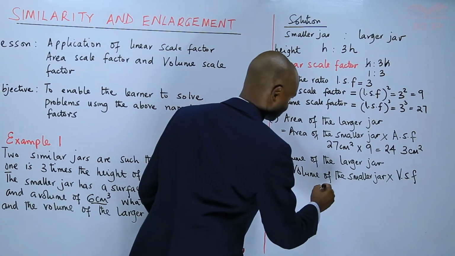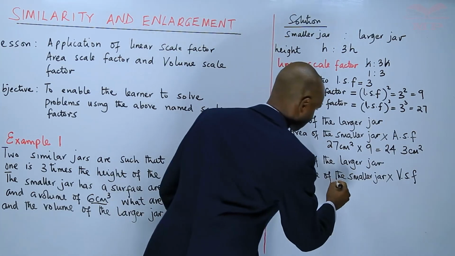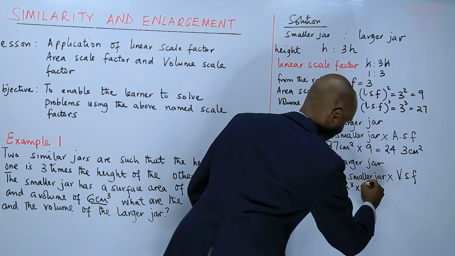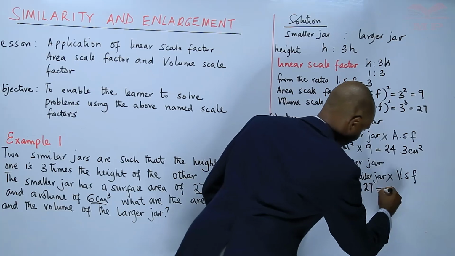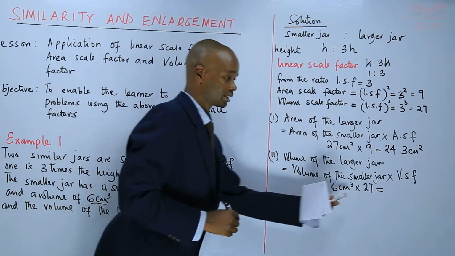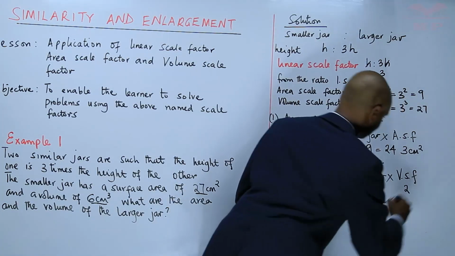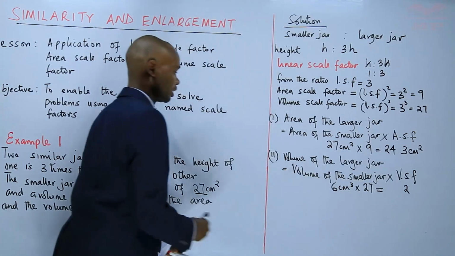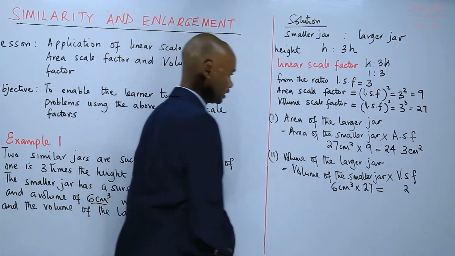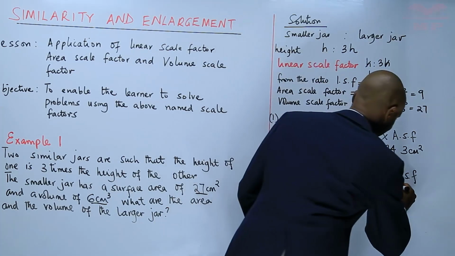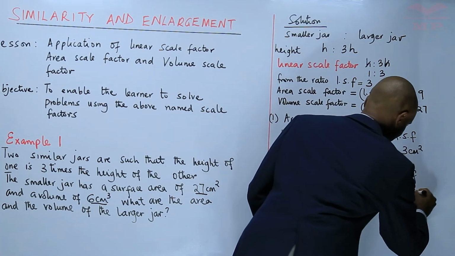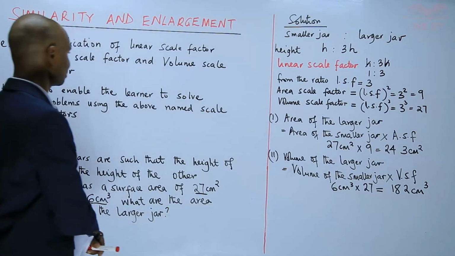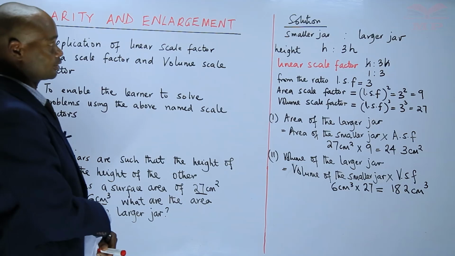So you say 6 cubic centimeters times 27, and your answer works to 7 times 6 is 42, I'll carry 4. 6 times 2 is 12. 12 plus 4 is 18. Volume is given in cubic units. So that gives me, learner, the volume of that.